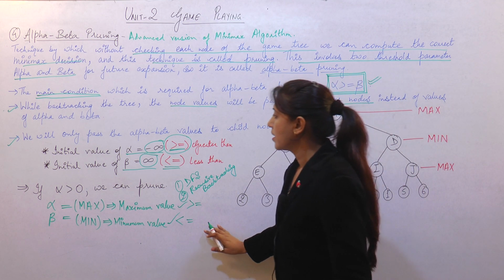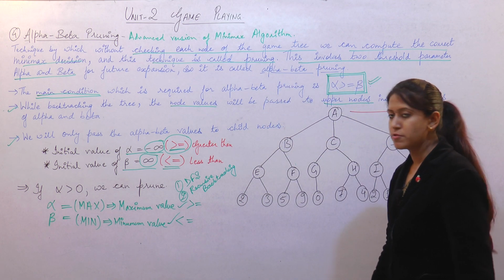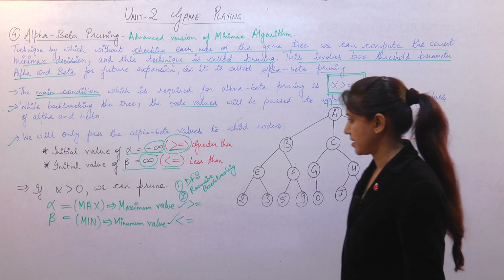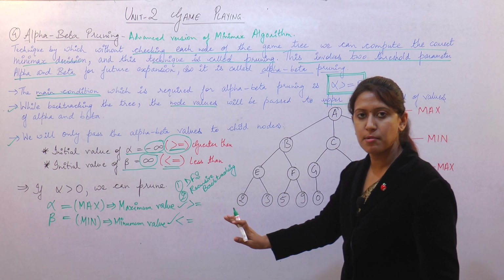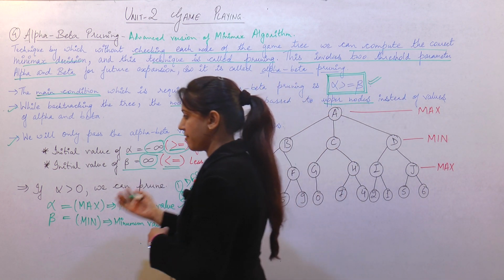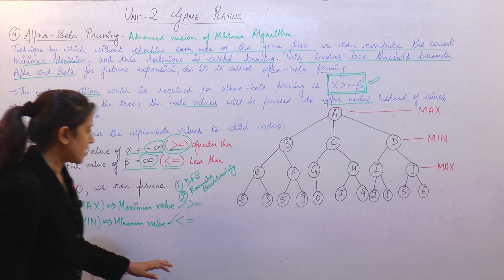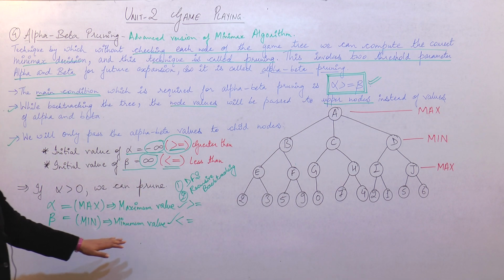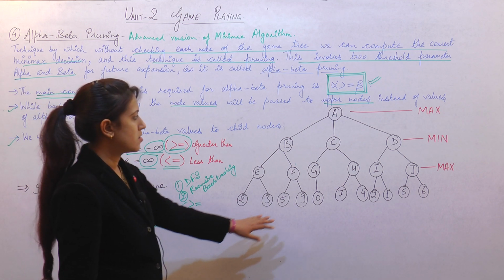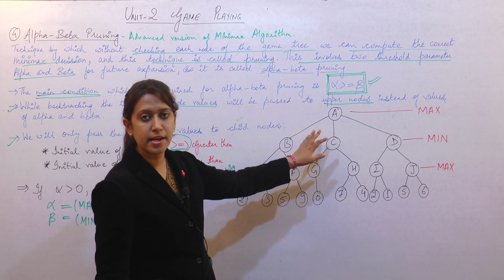So in alpha beta pruning also we will be using DFS and recursive backtracking. So this was the introduction about alpha beta pruning. Now we will implement all these points for solving the game tree.